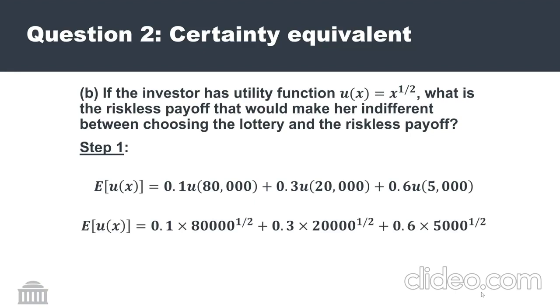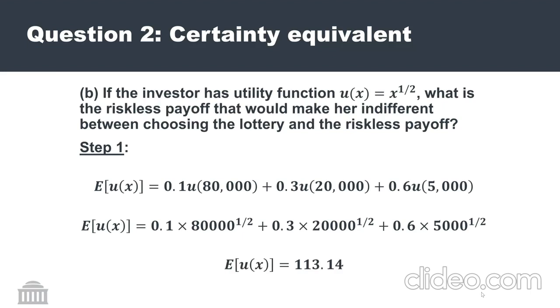The only difference right now is that the utility function is different. So where we had 80,000 before, it is going to be 80,000 raised to the power 1/2. So the full expression looks like this: 0.1 multiplied by 80,000 raised to the power 1/2 plus 0.3 multiplied by 20,000 raised to the power 1/2 plus 0.6 multiplied by 5,000 raised to the power 1/2.